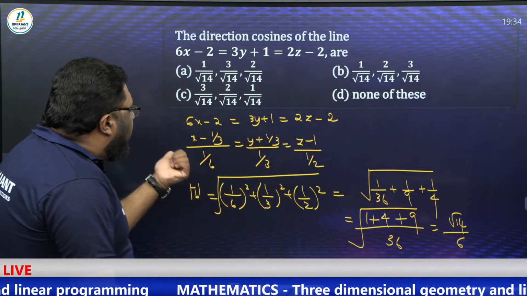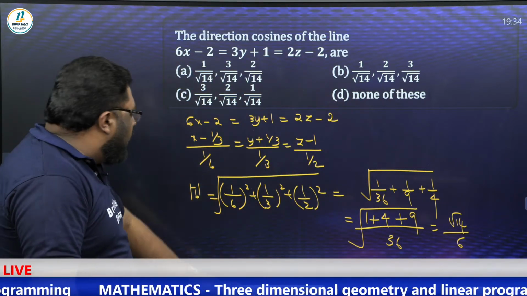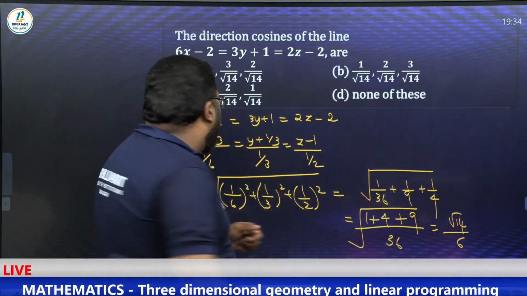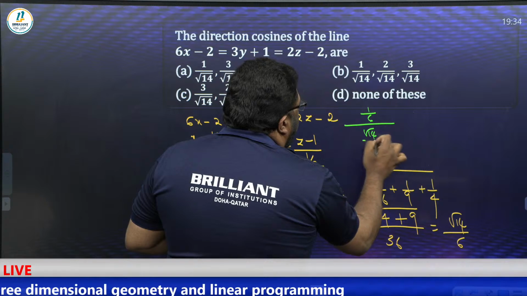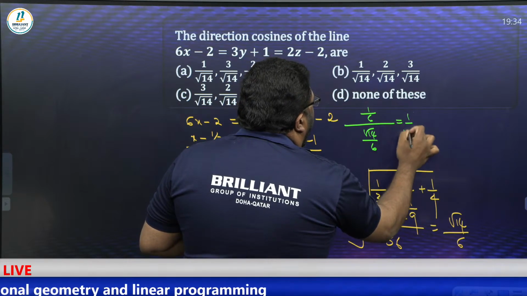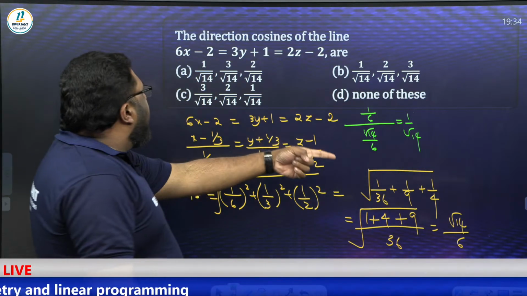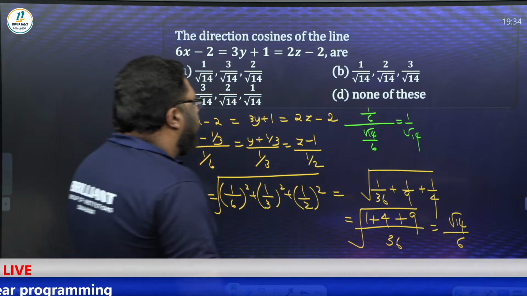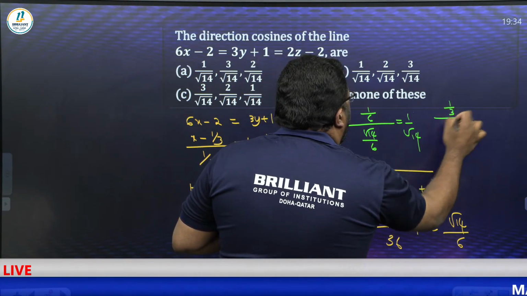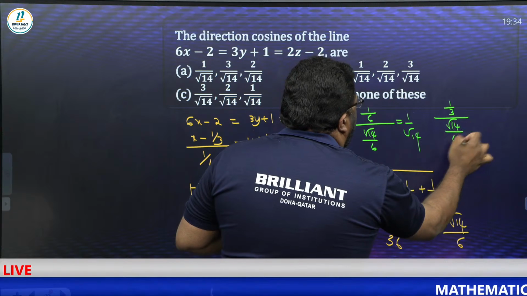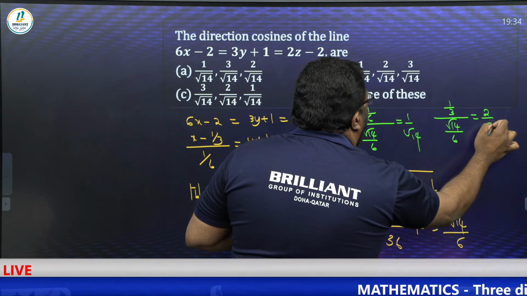So I have to divide each direction ratio by the corresponding magnitude. 1 by 6 divided by root 14 by 6, so the answer is 1 by root 14. The first direction cosine is 1 by root 14. Second one, 1 by 3 divided by root 14 by 6 is 2 by root 14.